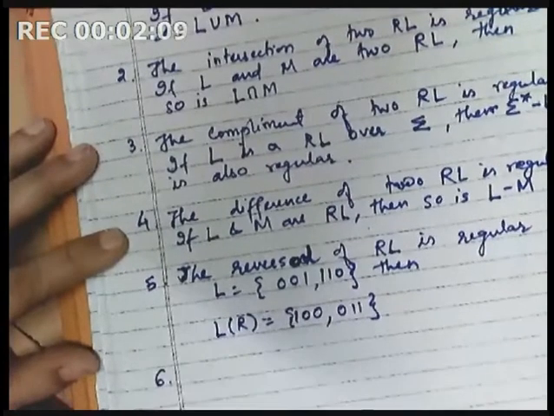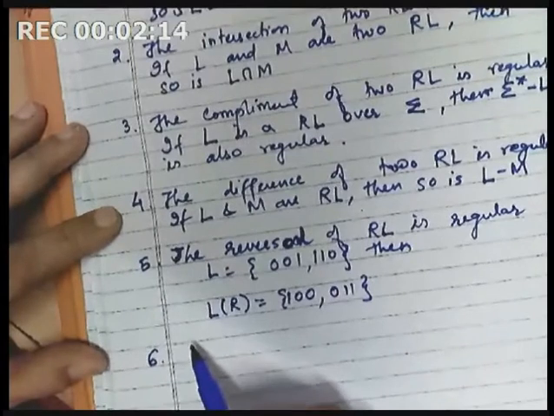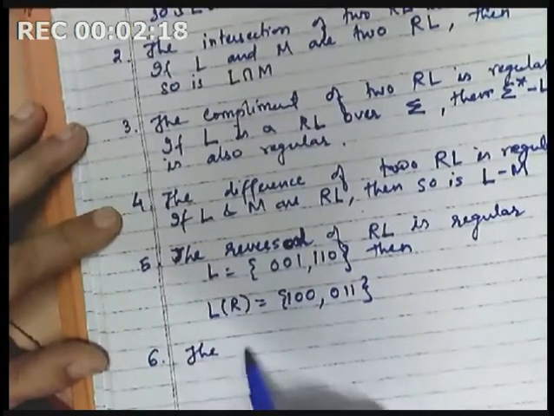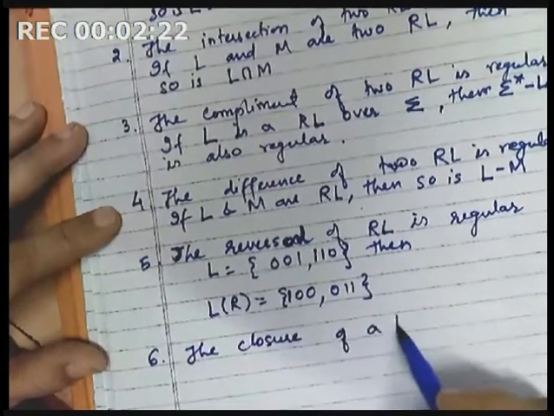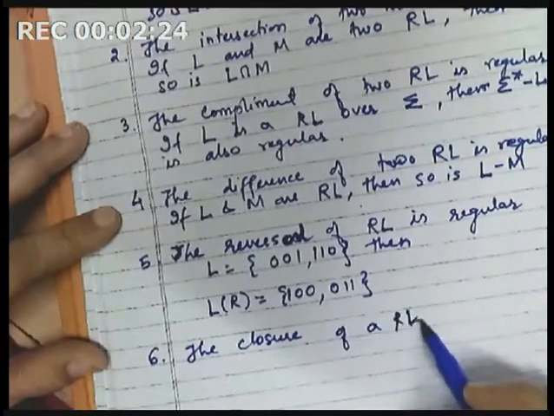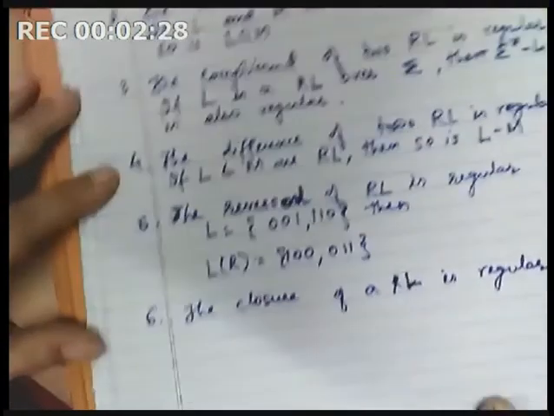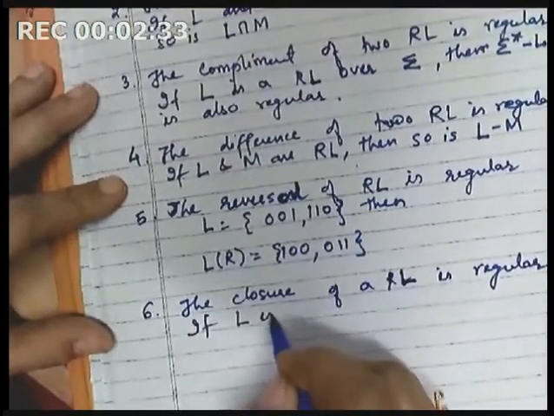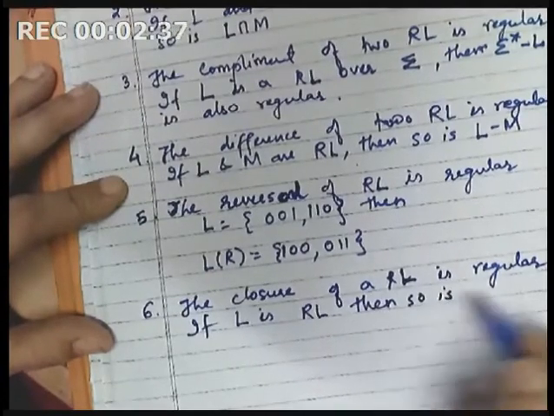Next, sixth is the closure property. The closure of a RL is regular. That we have already seen a number of times. So if L is RL, then so is L star.